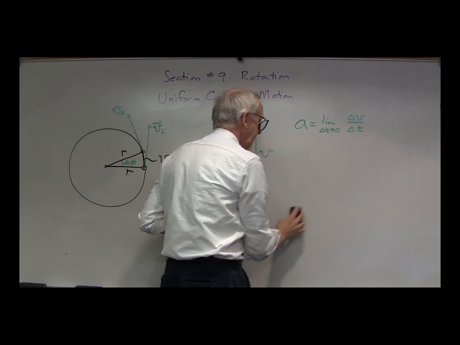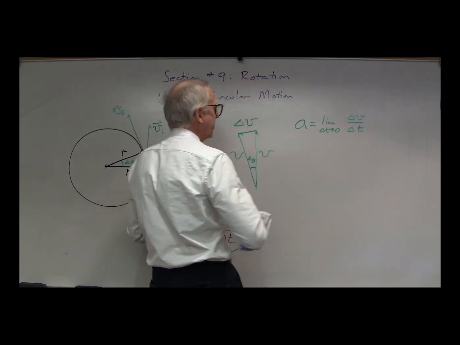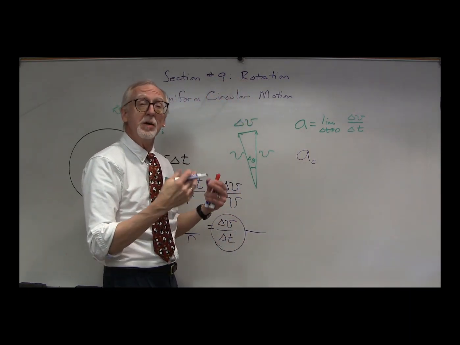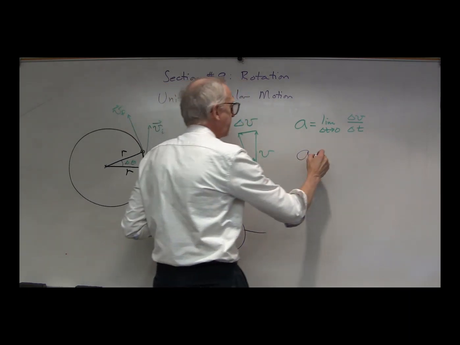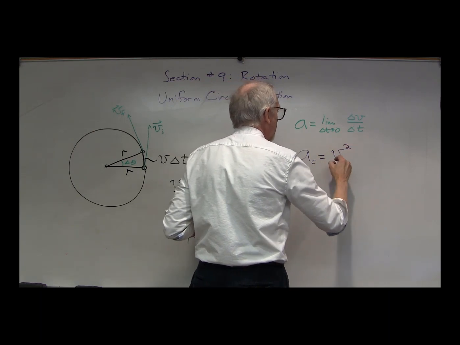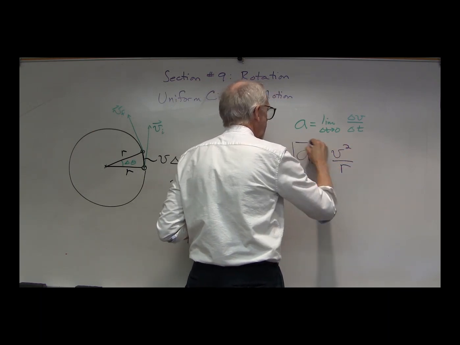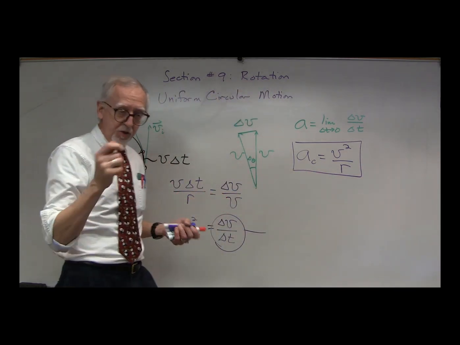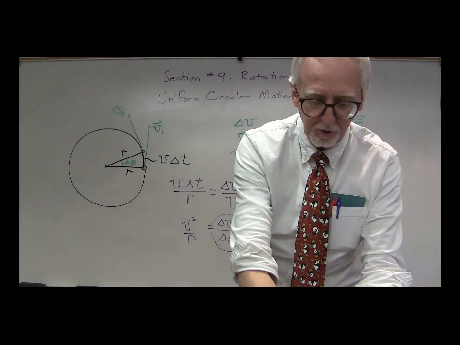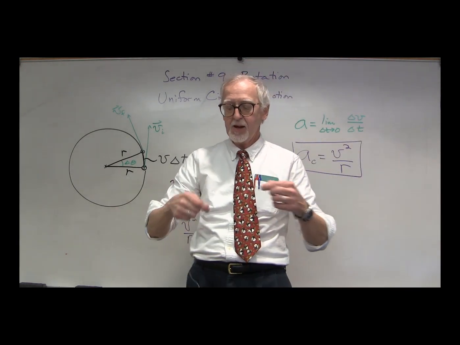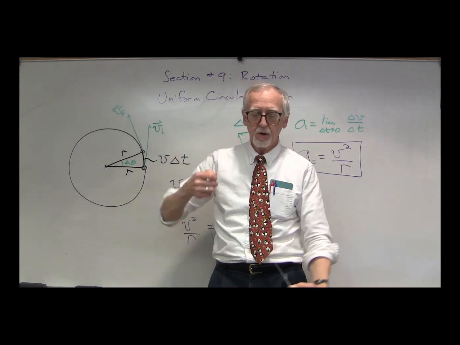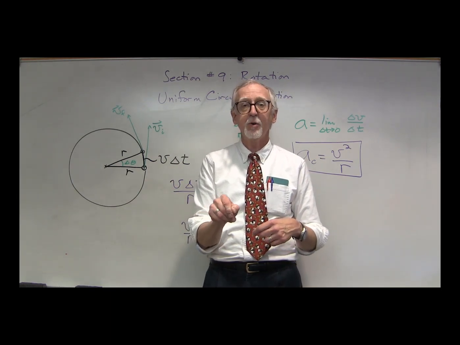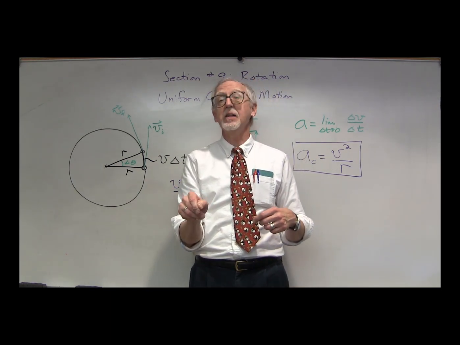So what do we find? We find that the acceleration, which we'll write as a sub c, because we know it's a centripetal acceleration, is v squared over r. What does that mean? When an object is going around in uniform circular motion, just like we had before, an object going around in a circle at uniform constant speed, it is accelerating.